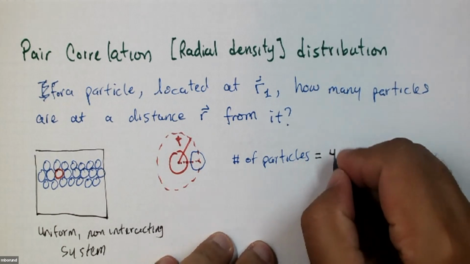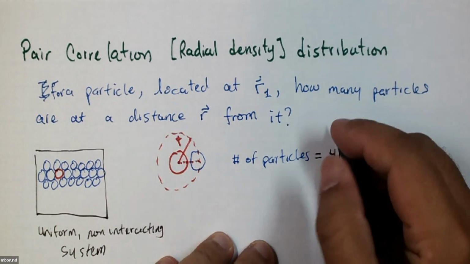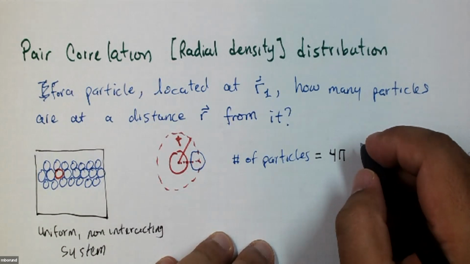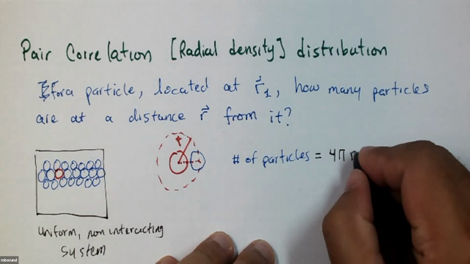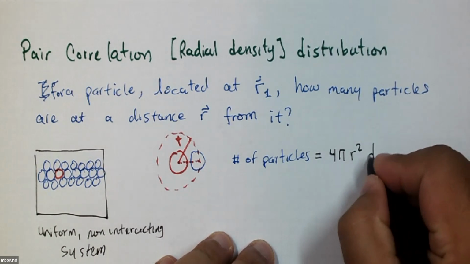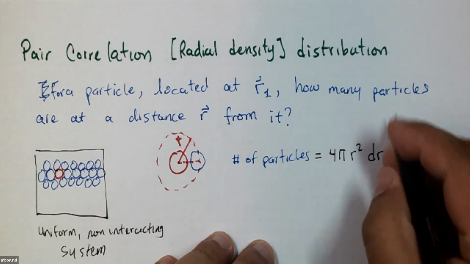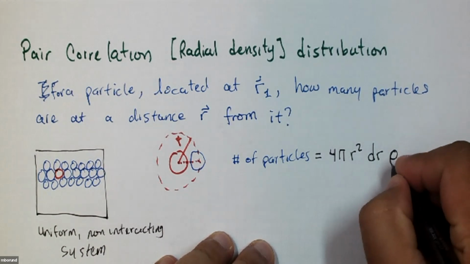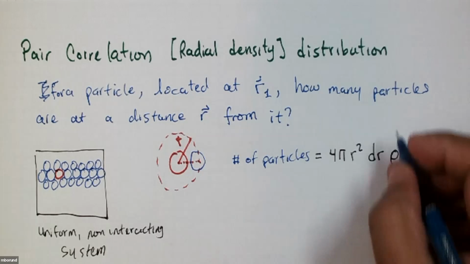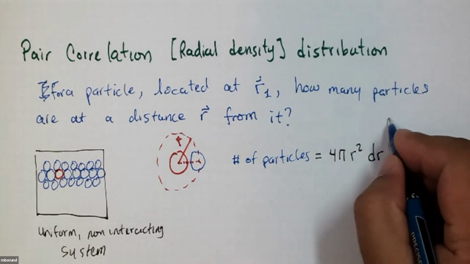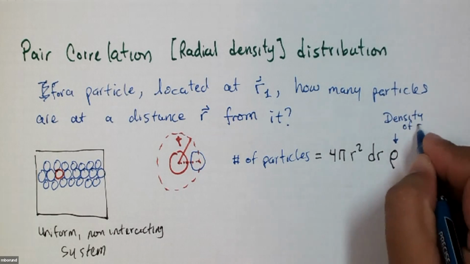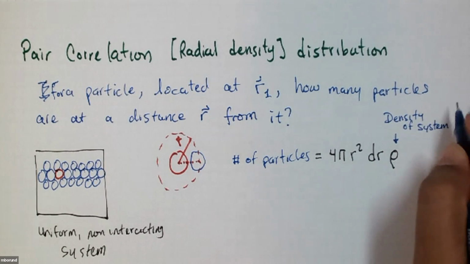So that surface would be given to me by 4 pi r squared, the size of that shell, and then this rho, this is the density. It's a number, right? The density of the system.